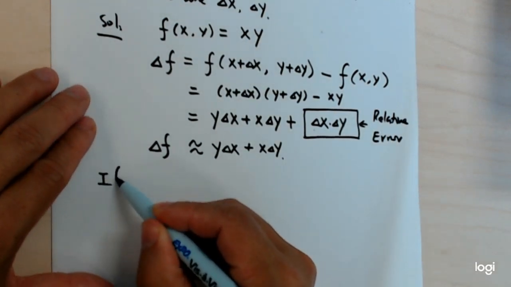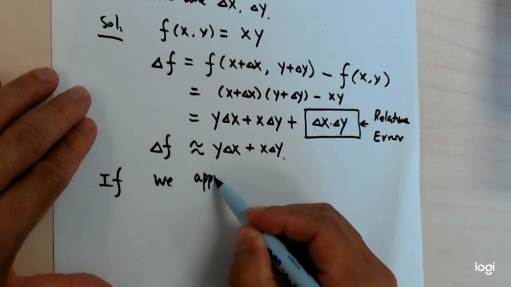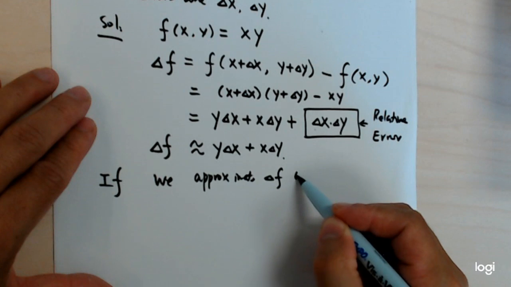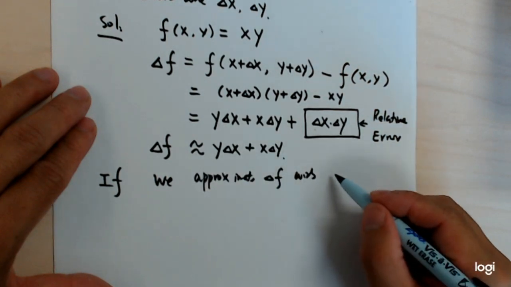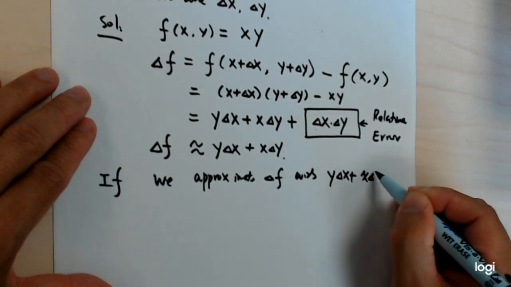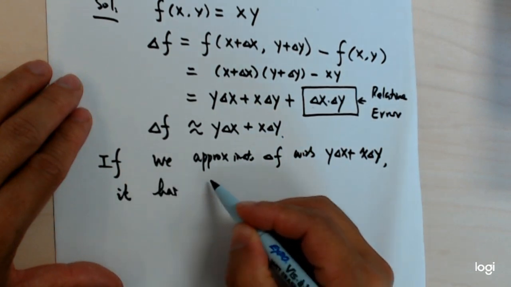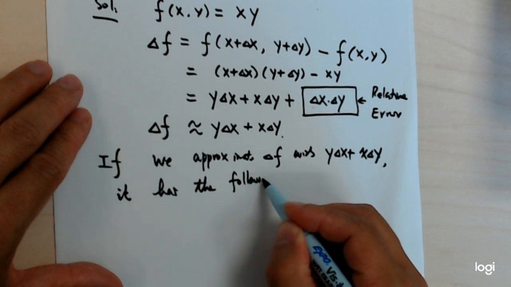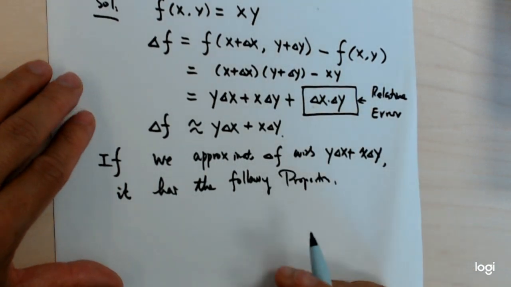And here's what we noticed. If we approximate delta f with this linear term, it has the following properties.